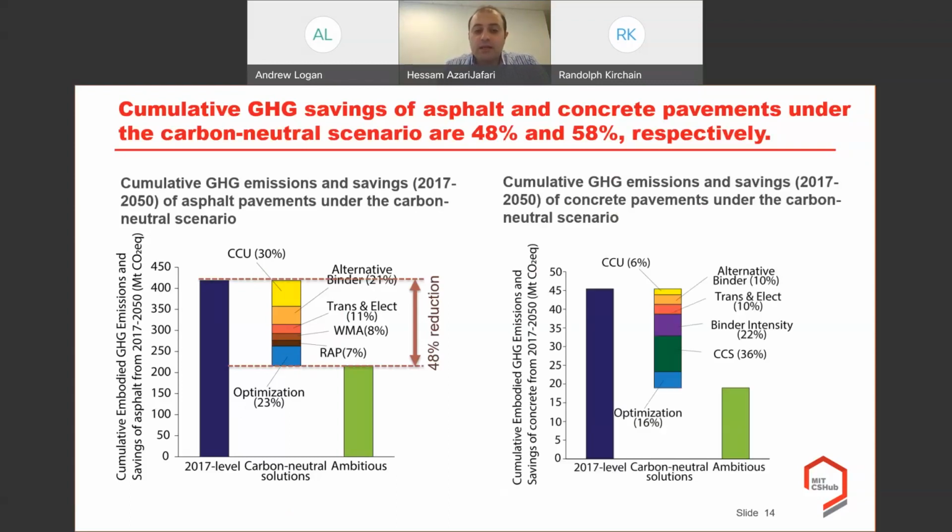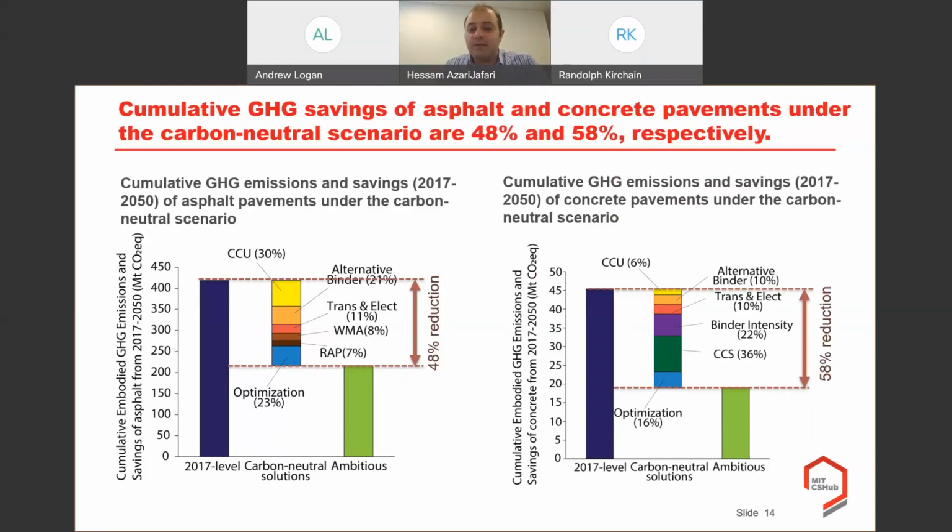But for the concrete mixture, comparing the first 2017 level column on the left and this one, we can see that concrete's total GHG emissions are almost 1/10 of asphalt because we use less concrete for the pavements, but the level of reduction in concrete is more pronounced, 58% reduction, owing to the benefits that we can get from the carbon capture sequestration. Up to 36% of the total savings comes from the carbon capture and storage.